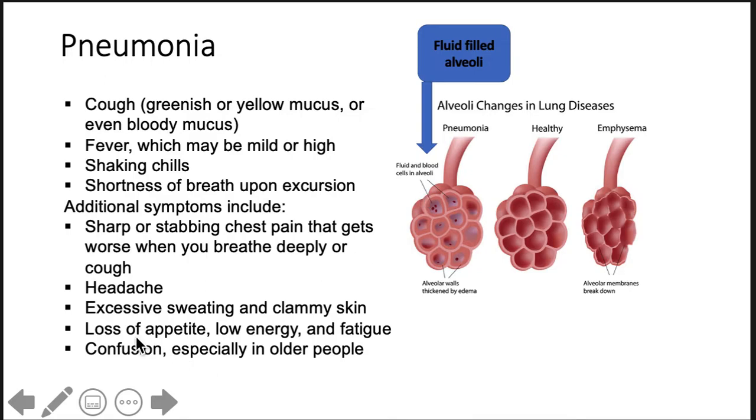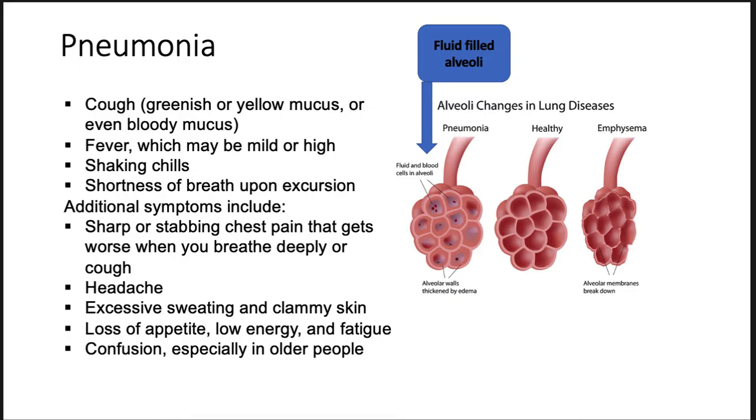You typically have a loss of appetite with pneumonia, very low energy. It's hard to breathe. Of course, you're going to be tired. And if that's allowed to continue long enough, or if it's severe enough, if you're not getting enough oxygen or enough food, confusion can happen. So, fever and not enough oxygen is a bad combination.